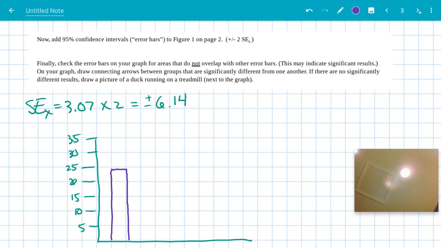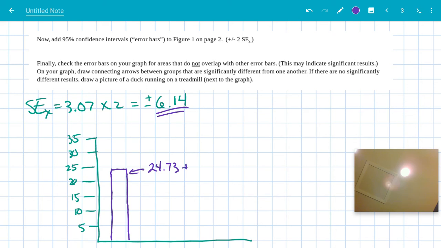Now you're going to add what are called error bars that show our confidence interval, the 95% confidence interval. And so your error bars are going to go above by 6.14 and below by 6.14. So if this right here, if this is 24.73, that's what it was for me.